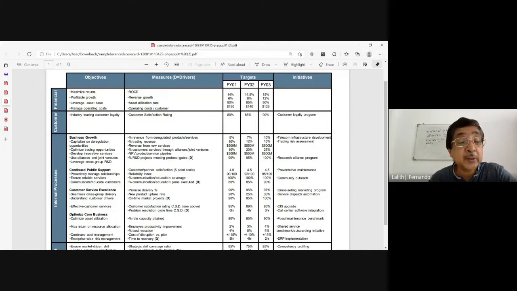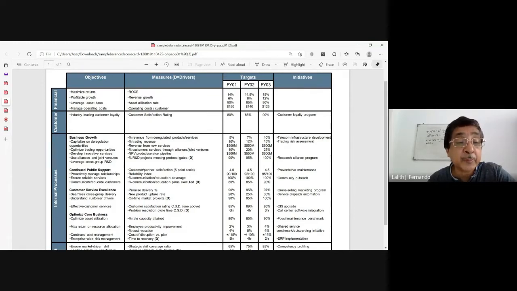That means what are the types of service excellence drivers, or what type of things we need to do to show or make the customers perceive our good services. Then effective customer service is a vague statement, but anyway, we have to be very careful when you measure this type of thing.